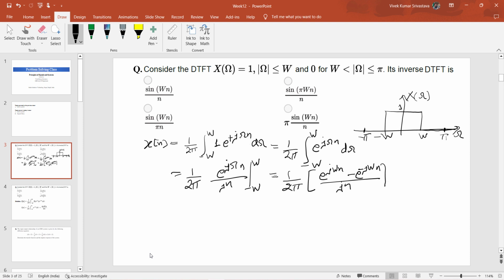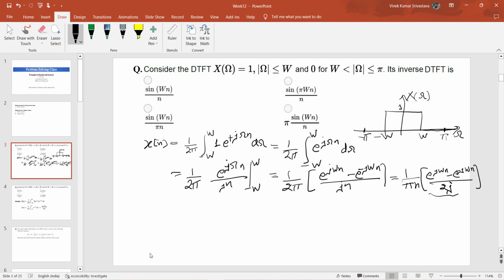Now I will take n as common here, and 2 inside the bracket, so this will be 1 over pi n times e raised to the power j W n minus e raised to the power minus j W n divided by 2j.